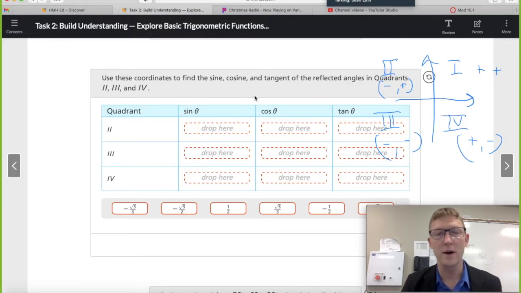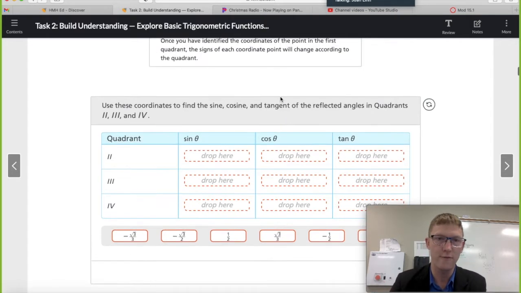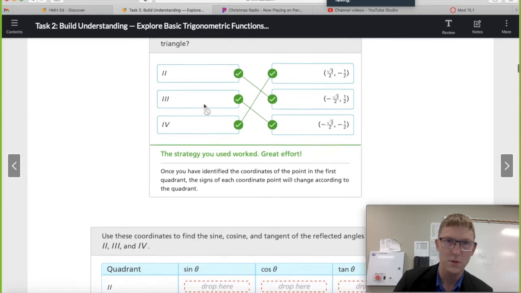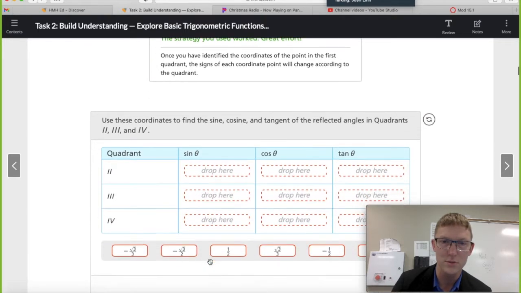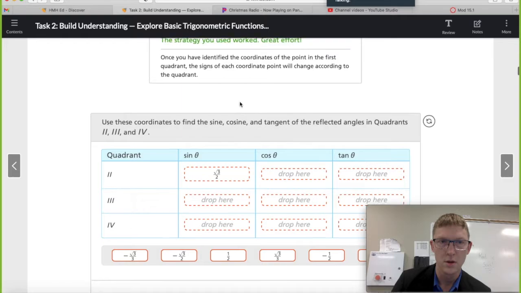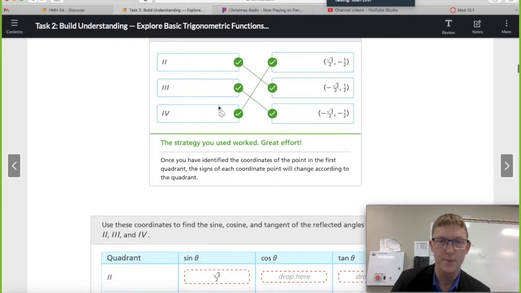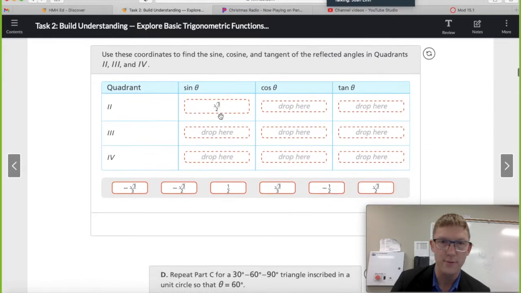Use these coordinates to find the sine, cosine, and tangent of all the reflected angles in quadrants 2, 3, and 4. So I'm going to steal their angles up here. So our y coordinate is equal to our sine theta, so that's going to be square root of 3 over 2. Our cosine is going to be negative 1/2.